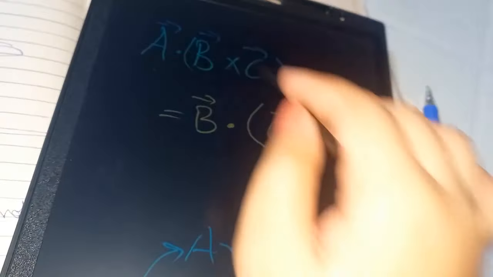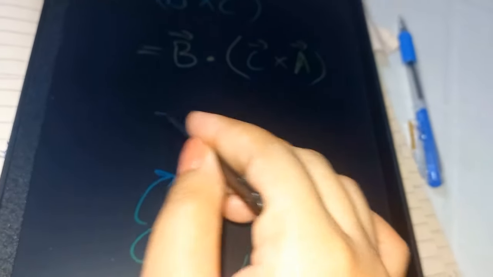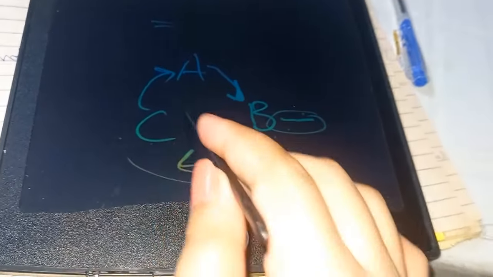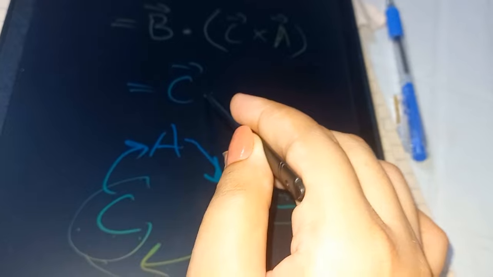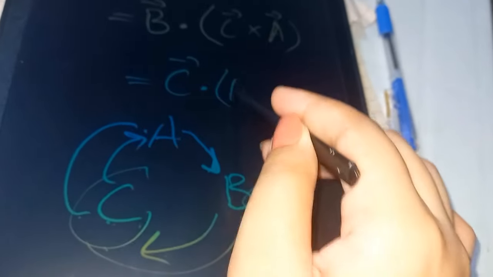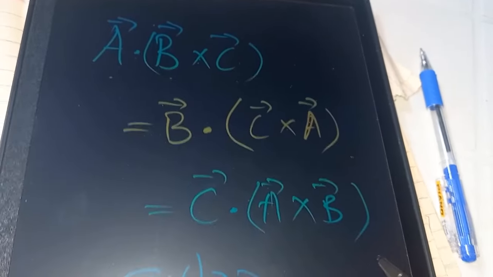Okay, both of them will result the same quantity. That is what I am trying to say. That's the significance of knowing that rule. But if I want to start with c, what happens? We'll use that same rule, c, then a comes, cross, then we have b. So that is how we can write them and remember them.